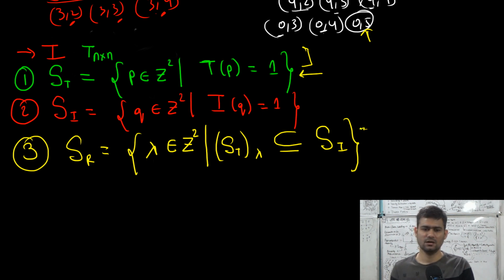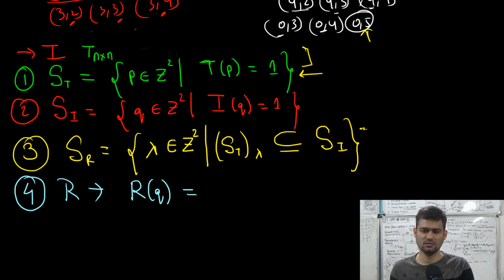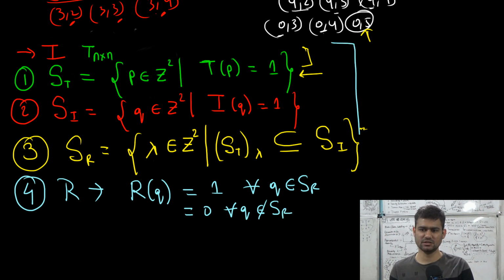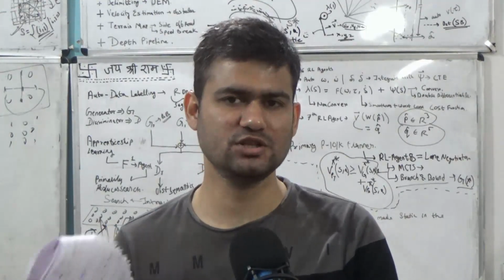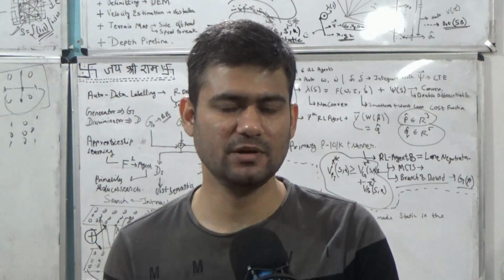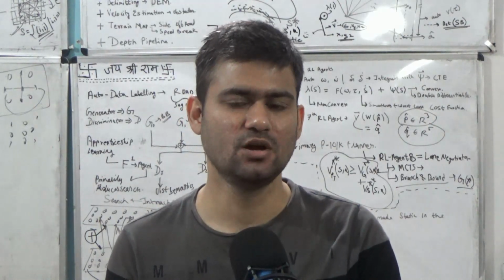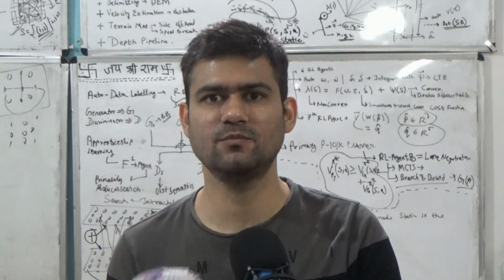And the last step is to compute the image R, which is obtained by setting all the pixels at location Q to 1 for all Q in set SR, and equal to 0 for all Q not belonging to set SR. So these operations define the morphological erosion operation formally, mathematically, purely in terms of sets and basic set operations. So that covers our discussion of the morphological erosion.